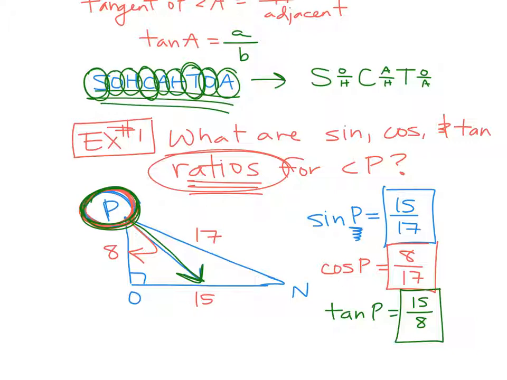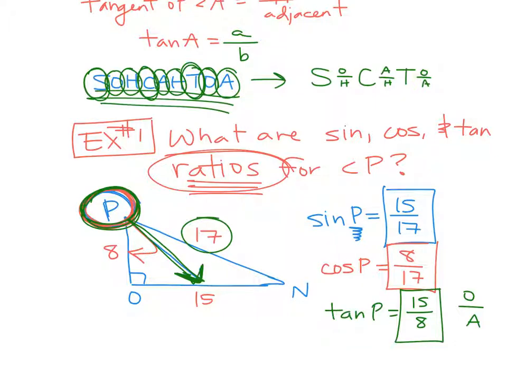Any questions on that? Yes, Joseph. On tan P, would it be wrong if you use 17? Yes, because that's your hypotenuse, and tangent is always opposite over adjacent. So you want the opposite side to be your 15. Your adjacent side cannot be a hypotenuse.